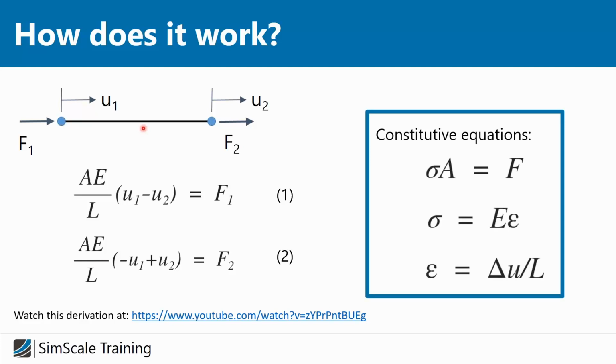And using these constitutive equations allows us to solve this equation, which means if we now have this model and you tell me I want to have the following load F2 on this side, and for example following load on this side, I can calculate everything else.